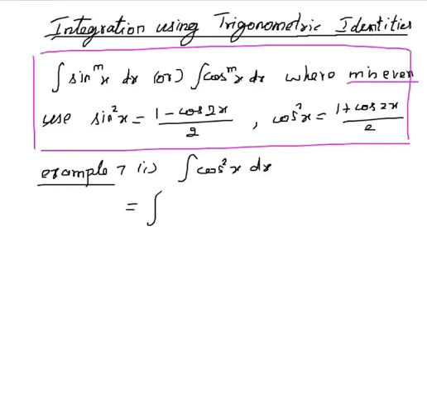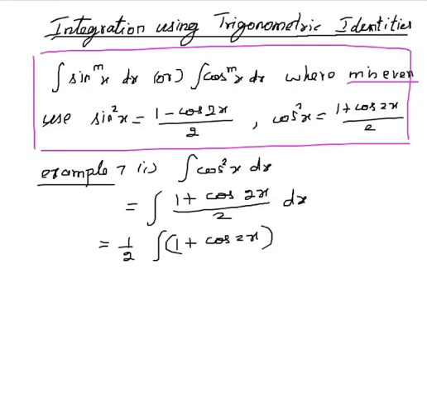So we use this identity because we have even power here. Cos square x identity in terms of cos 2x is 1 plus cos 2x divided by 2. By using this identity, now we avoided the power 2. There is no power for cos function now. Half is a constant. We can take it outside the integral.